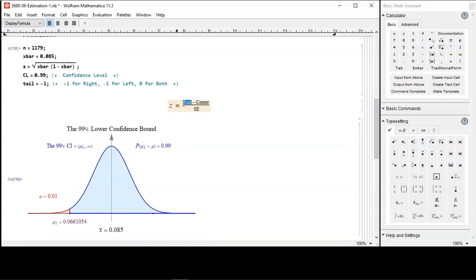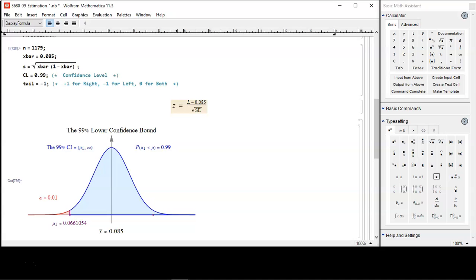And what's the end? It's L, the lower confidence bound. And what's the center? 0.085, the expected proportion.